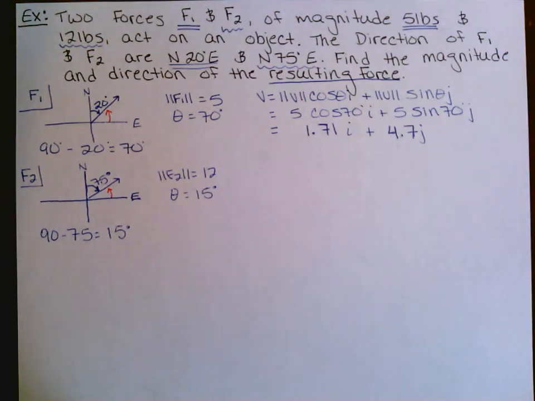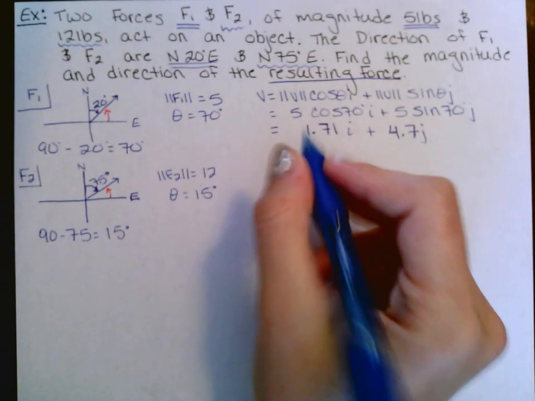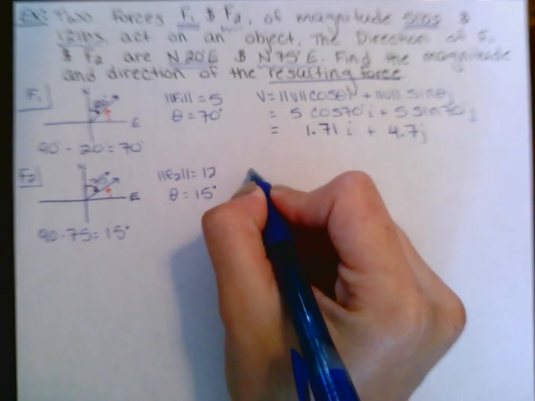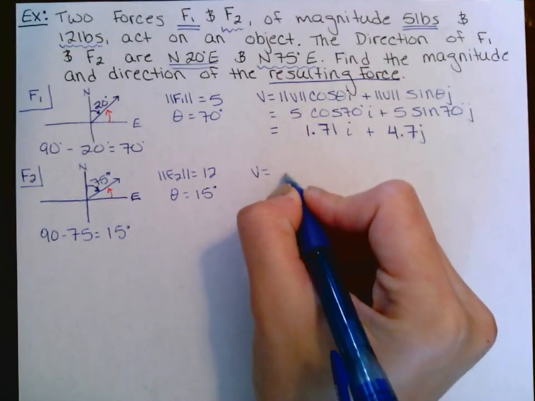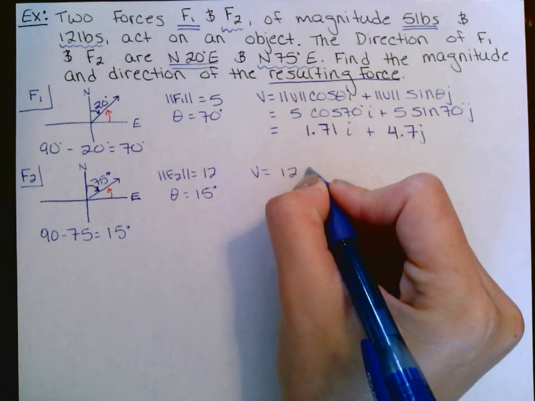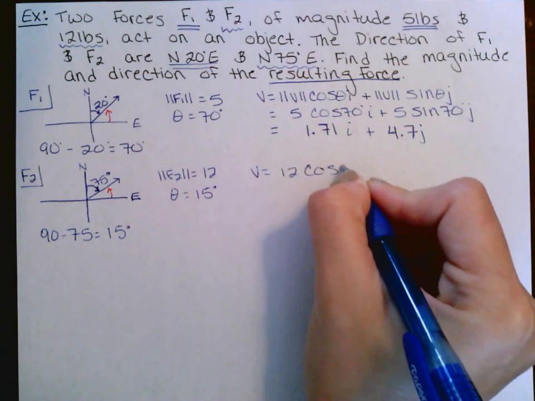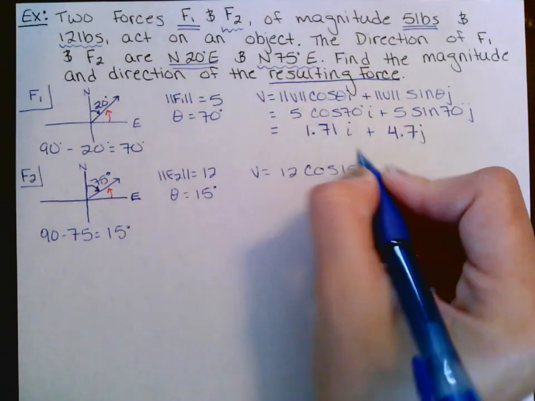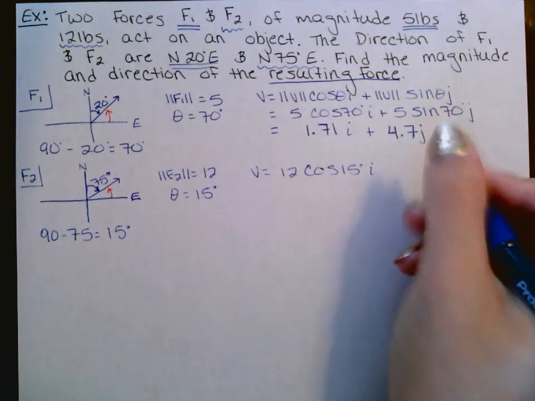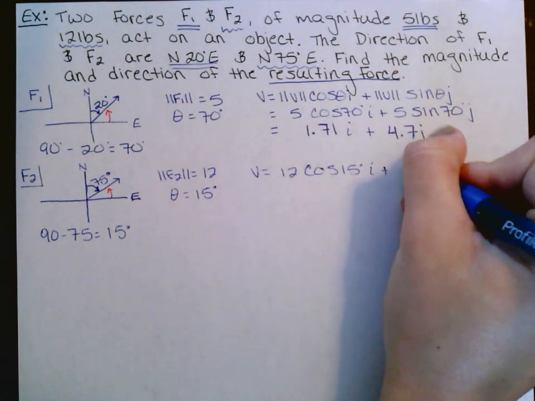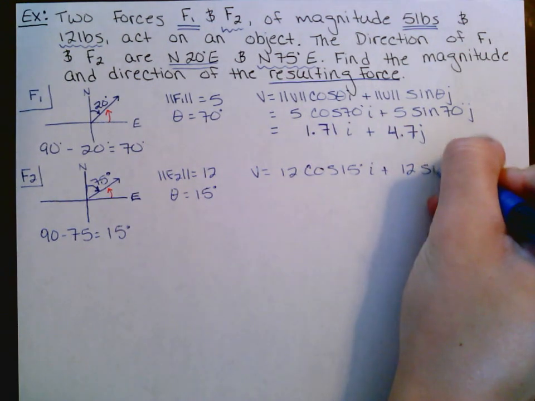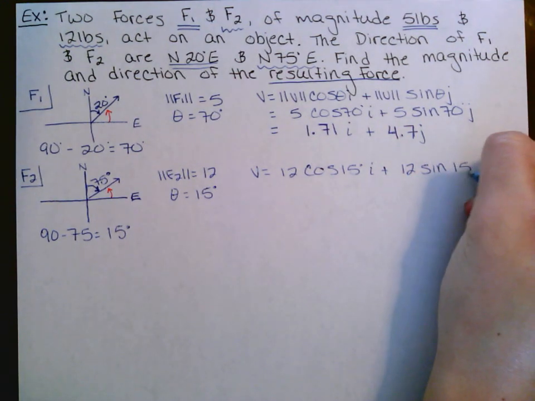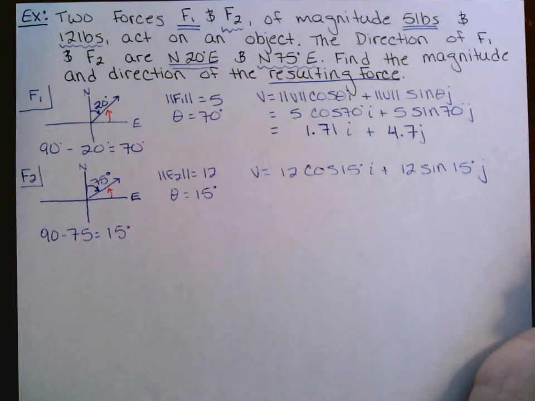Okay? So then we're going back to the same exact formula. I could say vector V is the magnitude times cosine of 15 degrees i plus the magnitude times sine of 15 degrees j.